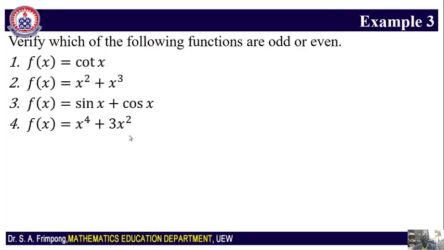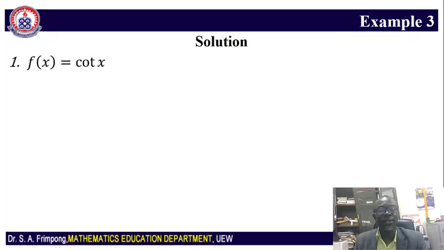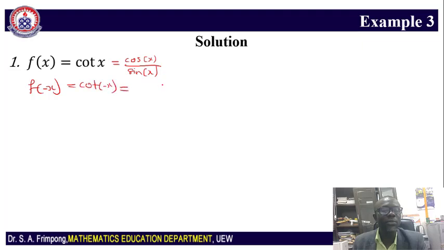So let's verify which of the following functions are odd or even. Let's start with f of x equal to cot x. Don't forget that cot x is the same as cos x over sine x. That will help us to see clearly. So I want to compute f of negative x, and that's going to give us cot of negative x. I'm going to say cosine of negative x over sine of negative x.